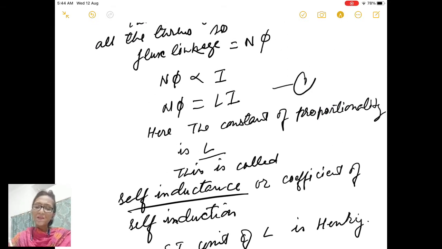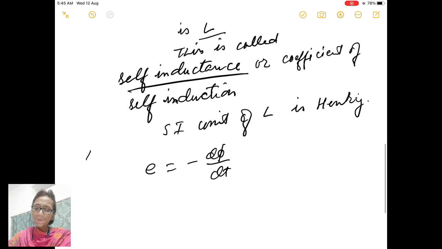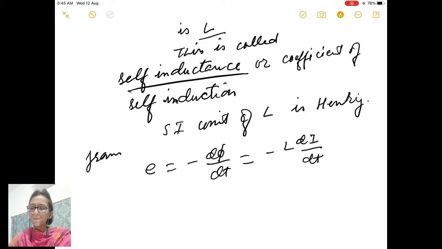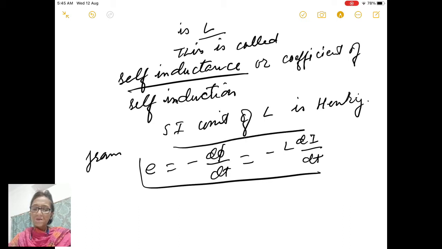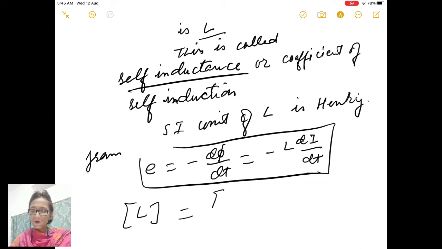So from equation 1, this must be equal to minus L di upon dt. From here also you can find the dimension of self-inductance. So the dimension of self-inductance is equal to the dimension of E into the dimension of time upon the dimension of current.